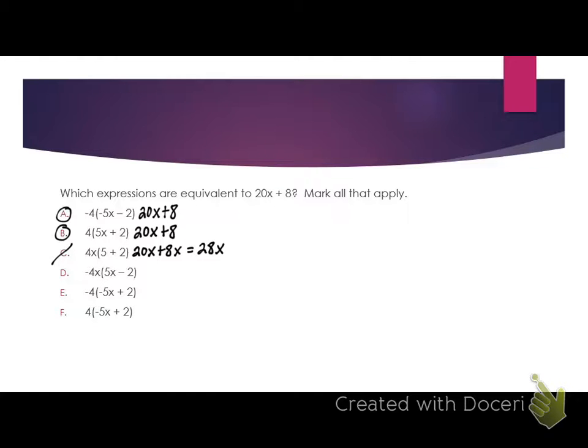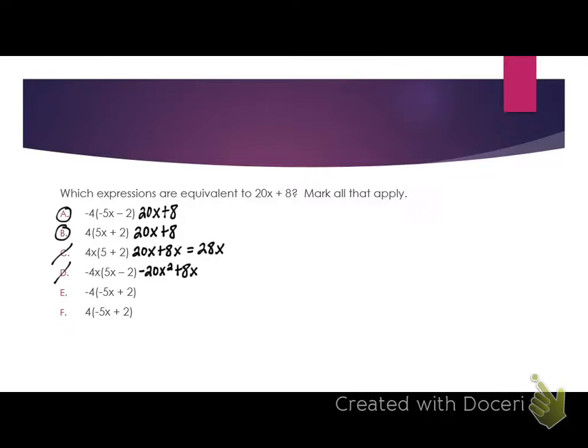In D, negative 4x times positive 5x will give us negative 20x squared. And negative 4x times negative 2 will give us positive 8x. And again, that is not what we're looking for because of the x squared and the fact that the 8 has an x with it as well.